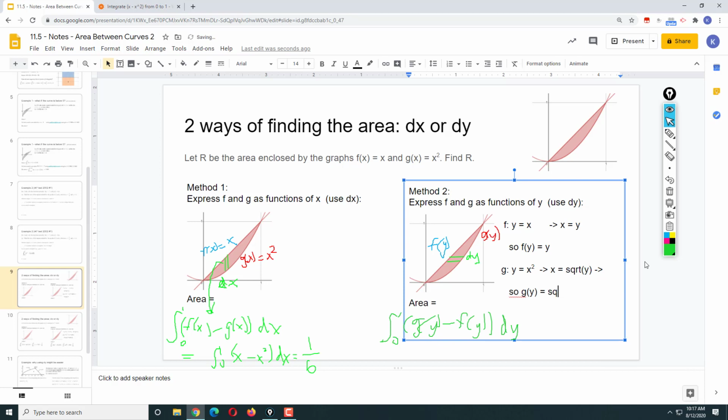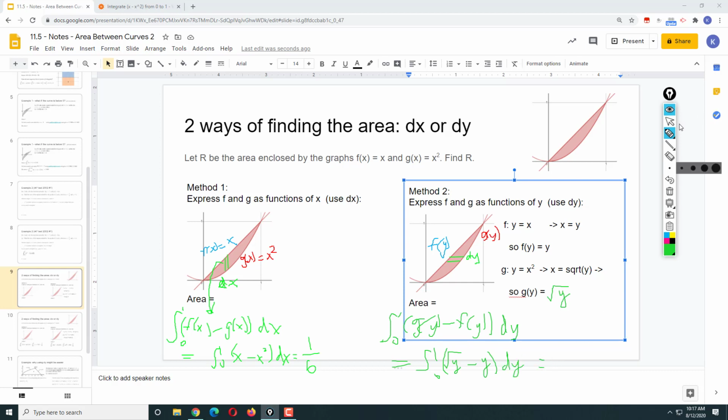So g of y must be the square root of y. SQRT just means square root. Okay. Therefore, our integral of g of y minus f of y from 0 to 1 is equal to the integral from 0 to 1 of square root of y minus y times dy.